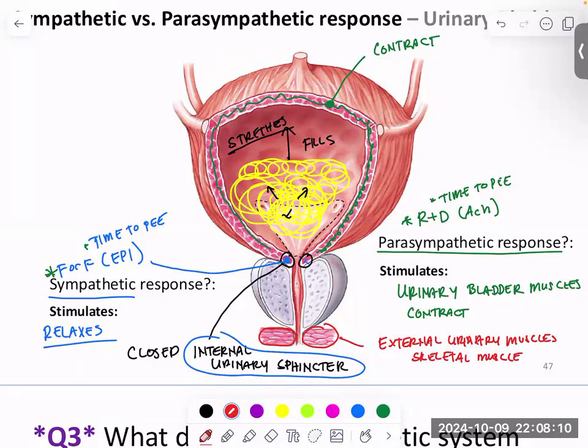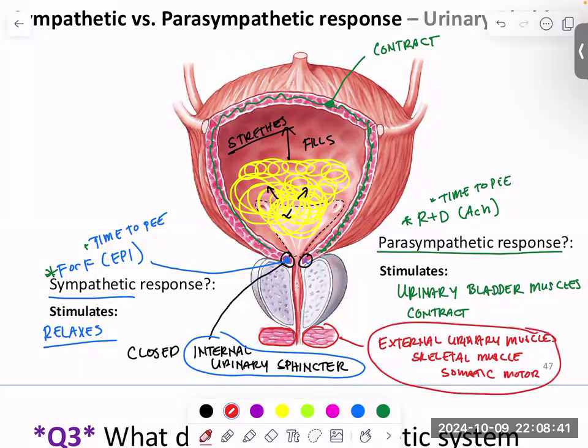These are voluntary. Those are the ones you have to train to hold the pee, so you don't have an accident. Takes kids a while to learn how to figure that one out. You need to learn how to control that one. Okay, so this one is somatic motor, not autonomic.